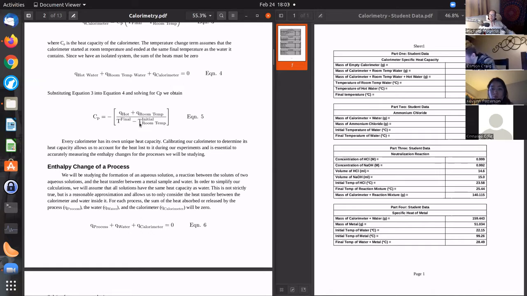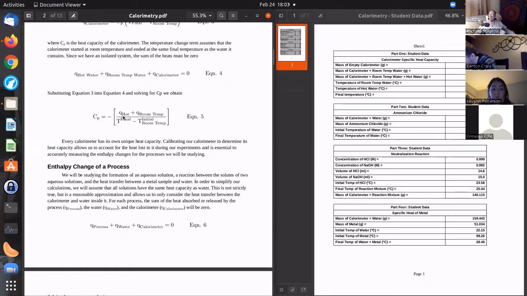And so what this really should be is the temperature of the calorimeter, the way that it started off. But we're going to assume that it was the same temperature as the room temp water that we put in there, which is a pretty fair assumption, that we added it to the calorimeter and they were at the same temperature if we waited for a little bit, right? And it also just keeps things from getting really gross with our equations, right?